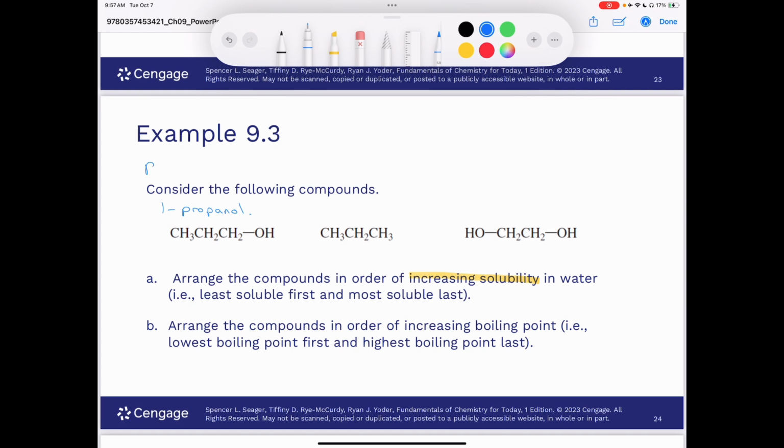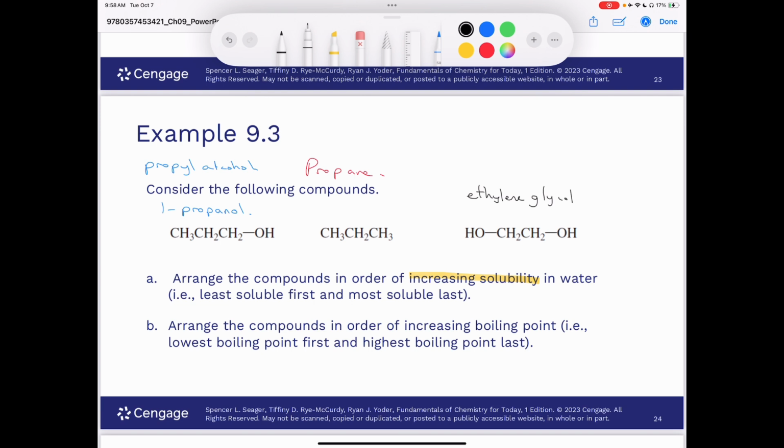You could also call it propyl alcohol, because we know what a propyl group is, so propyl alcohol is totally fine. The next one is an alkane. This is propane. And the last one, I showed you this earlier on. This is ethylene glycol, which is a common name. The systematic name would be 1,2-ethanediol, but I can't imagine why anybody would call it that.